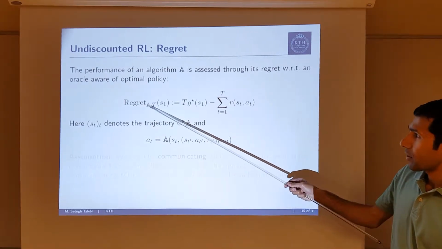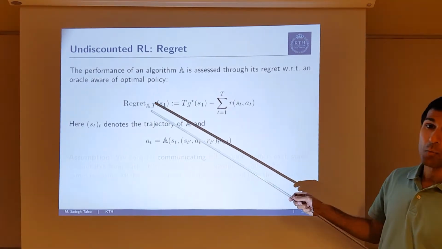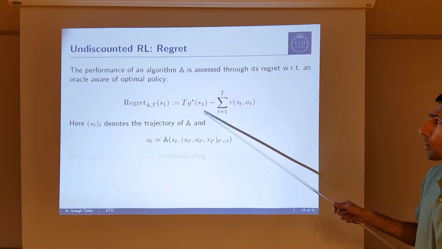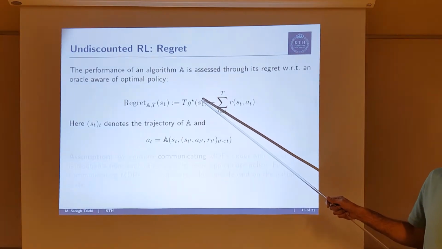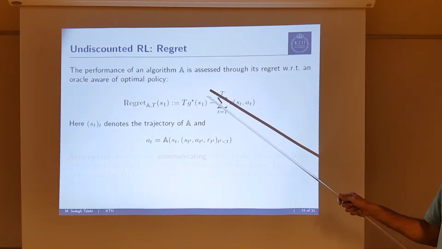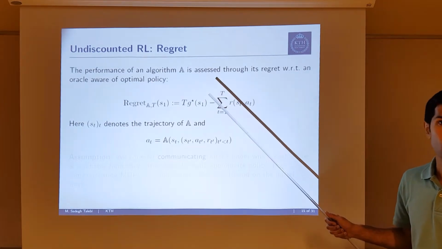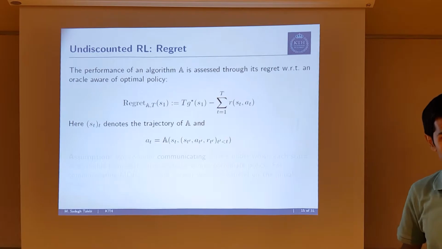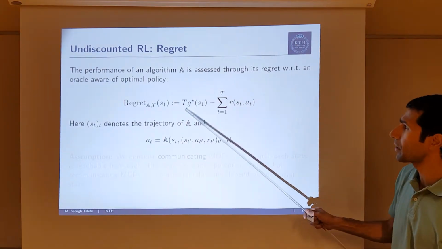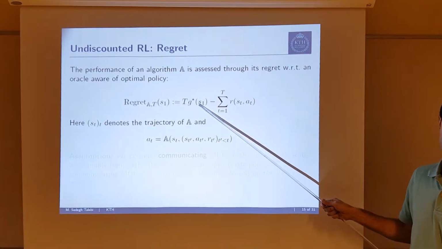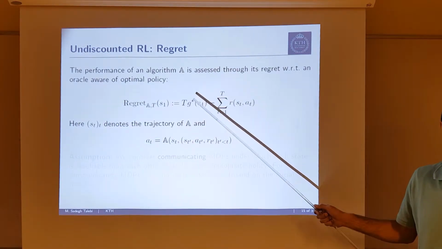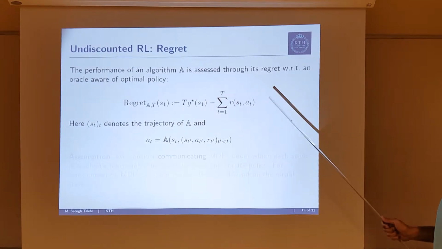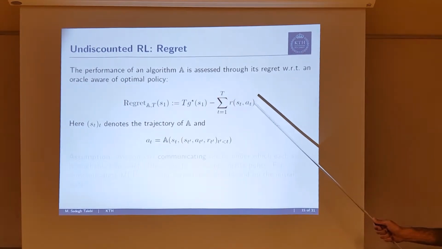The regret of this algorithm A up to time slot capital T, when she starts from a state S1, is what you would achieve on average under the known case, which is the case when you know your MDP, basically. When you know your MDP, you can compute the optimal policy, and on average, you would receive T times G star, right? But what you would receive is this. It's very simple, right?